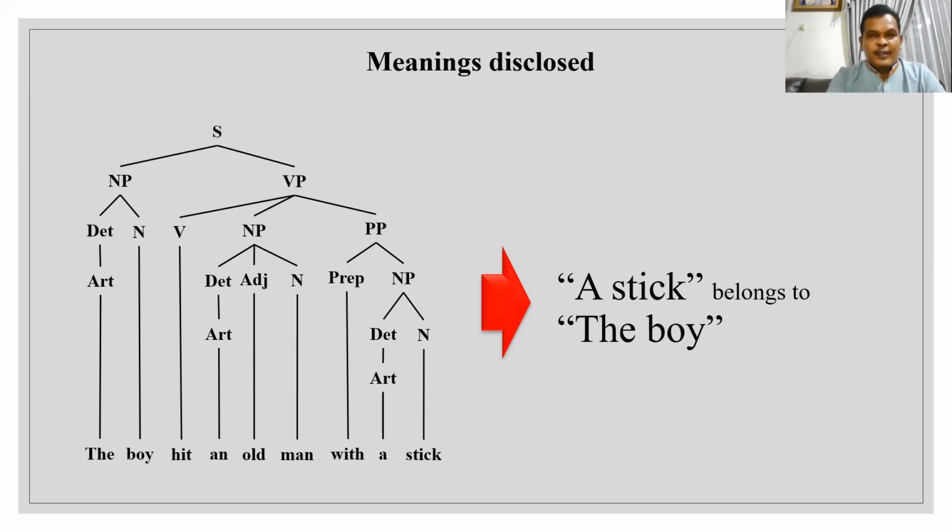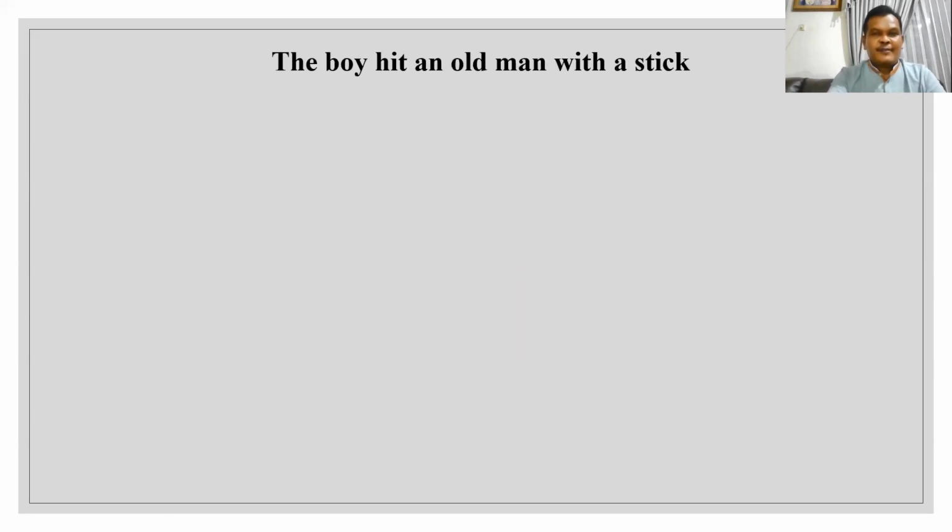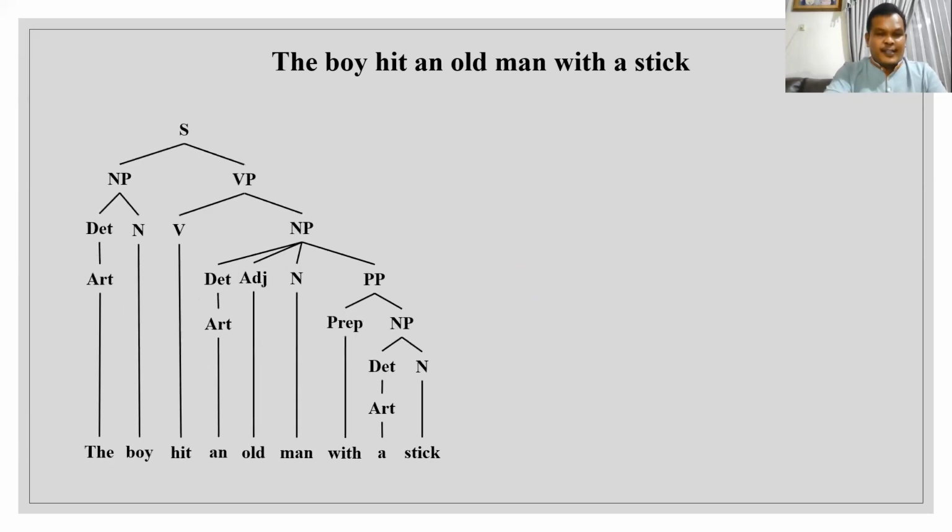Now, let's see the second diagram. Still with the same sentence, the boy hit an old man with a stick. Look carefully and find out the position of the PP in this diagram.